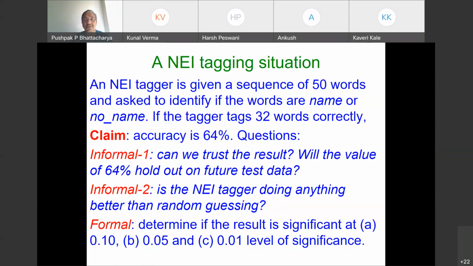And our discussion is focused on tackling this question formally. Okay, so this is the motivation. Now you have understood the situation. If there is any question or comment at this point of time, do ask, because we'll base our further discussion on this data.